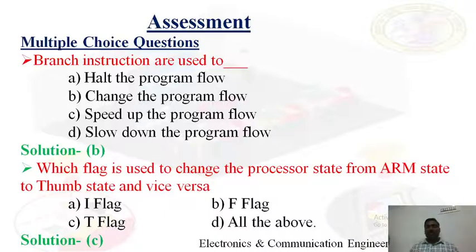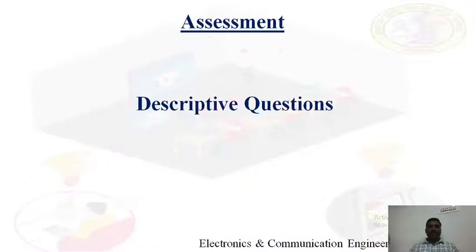Whenever the processor state changes from ARM to Thumb or Thumb to ARM, this bit is varied. If it is 1, the processor is operating in Thumb state, meaning all the instructions are decoded into 16-bit workspace. If it is 0, all the instructions are executed in 32-bit workspace, meaning all the instructions are encoded into 32-bit workspace.